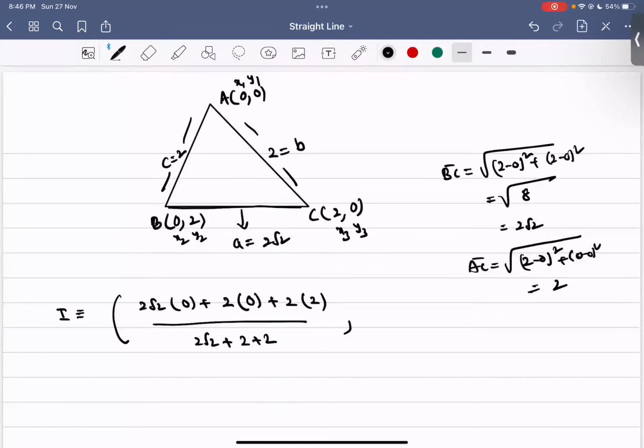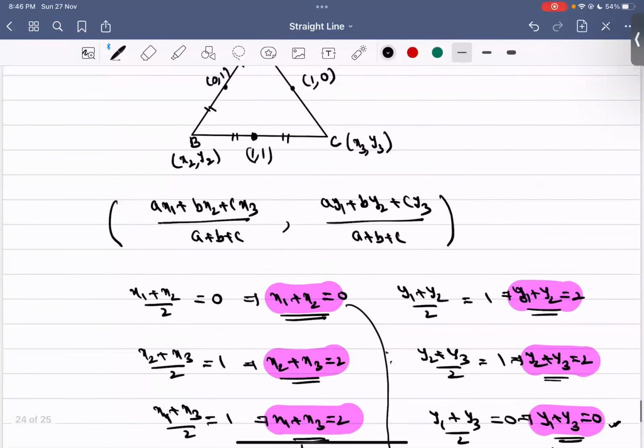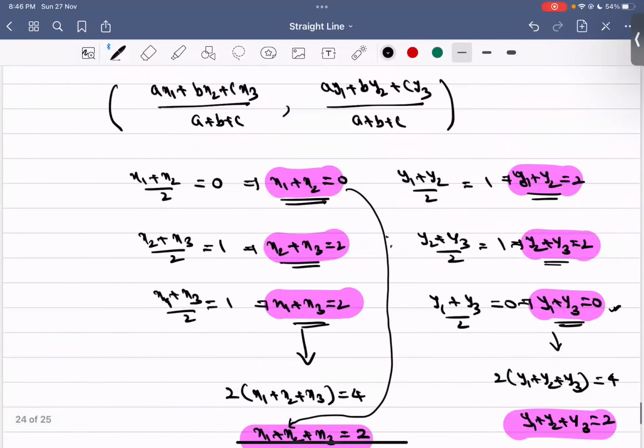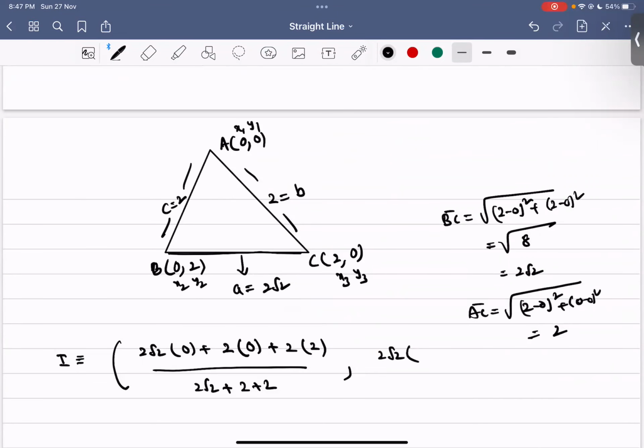Next one is (a y1 plus b y2 plus c y3) by (a plus b plus c). a y1 is 0, b y2 is 2 times 2, plus c y3: c is equal to 2, y3 is equal to 0, divided by 2 root 2 plus 2 plus 2.